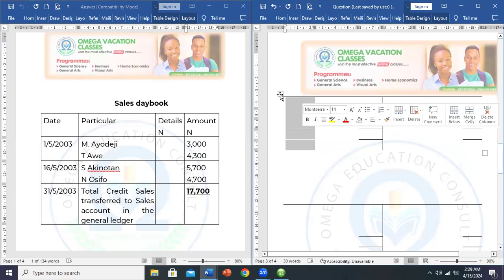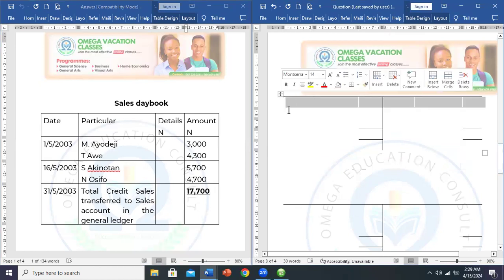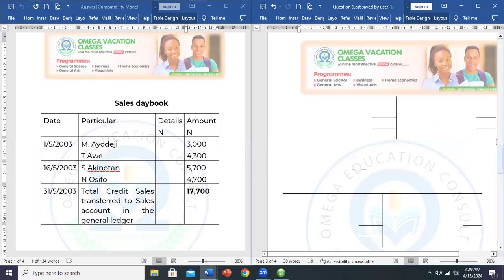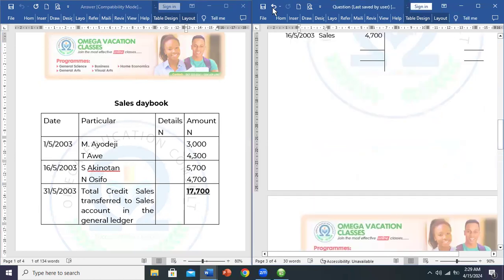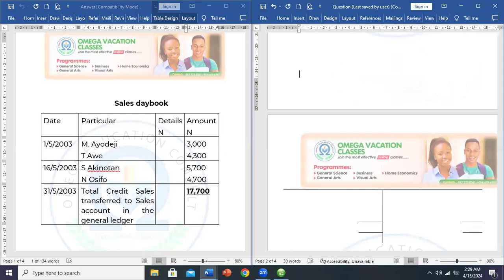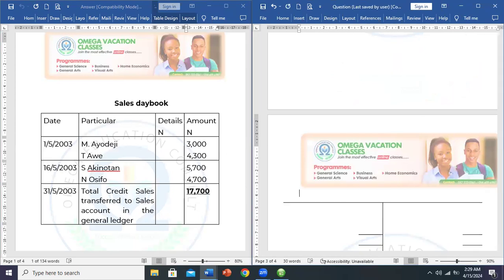So let me open that account or that ledger. Okay, so let me have the title General Ledger.